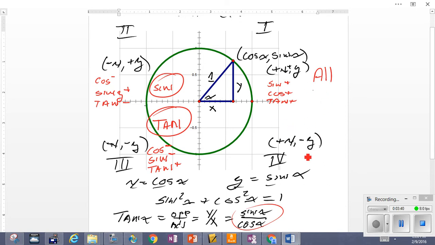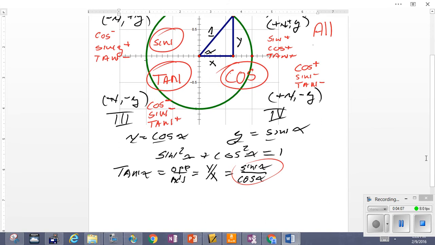And lastly, in quadrant 4, our cosine, being the x, is positive, our sine, being the y, is negative, and our tangent, being the ratio of those, is going to be a positive over negative, yielding a negative, which is going to identify quadrant 4 as the cosine being the positive one to concern ourselves about.